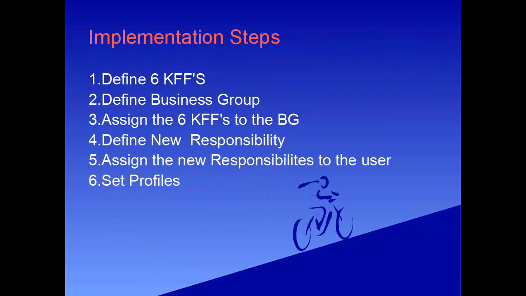After that, we have to assign all 6 KFFs to the business group. In the beginning I defined 6 flexfields, and after I define the business group, all 6 flexfields have to be assigned to it. As I told you, the KFFs are job, position, grade, competency, working location and so on. These 6 key flexfields are mandatory, and we have to define all of them for the business group.